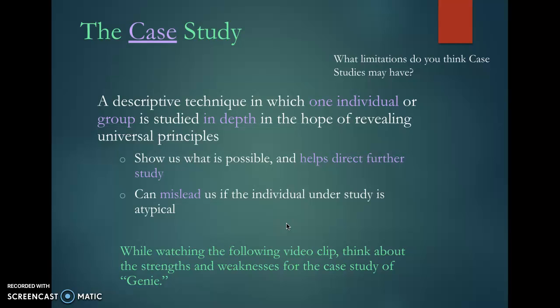So a case study is a descriptive technique in which one individual or group, normally small groups, are studied in depth in the hope of revealing universal principles. Now, that's going to be an issue because case studies are so focused on individuals, sometimes small groups, you can't then say this is representative of all people.